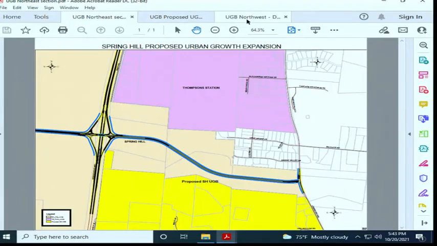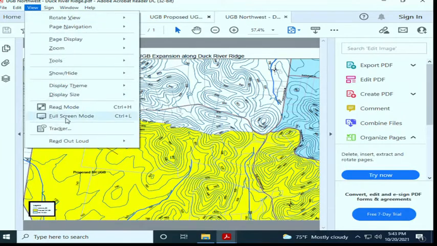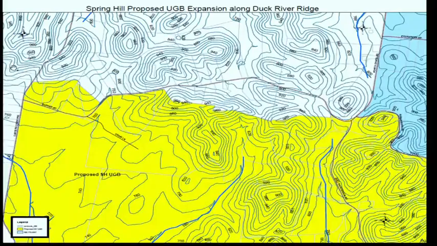The second area that we're looking at is on the northwestern portion of Spring Hill, going into Williamson County. It's about 3 square miles. And this area has the Duck River. So you see these blue lines, they're identifying contours and also the Duck River in that area.